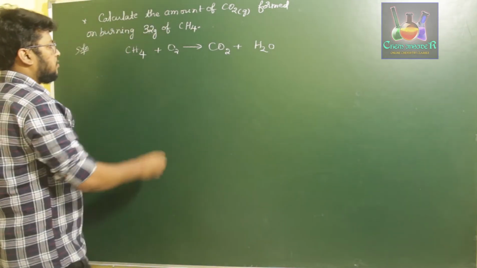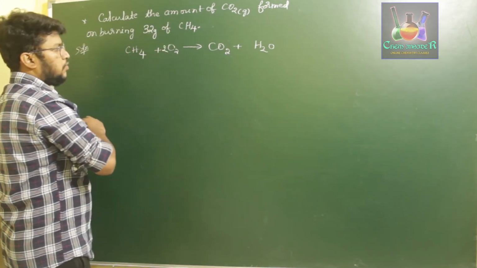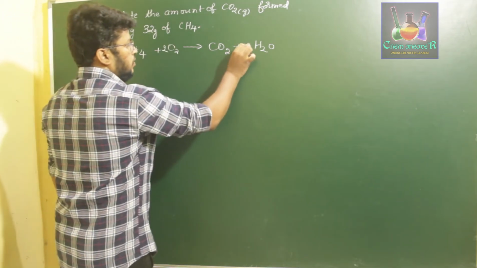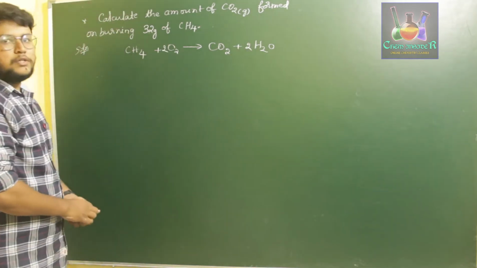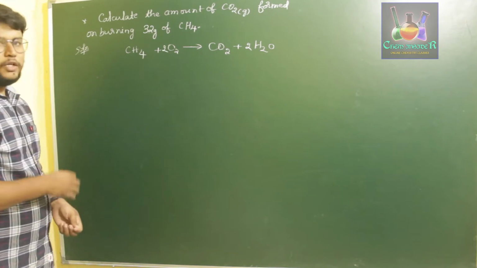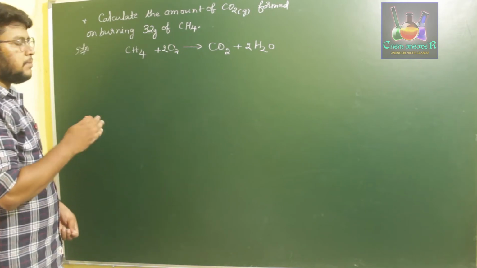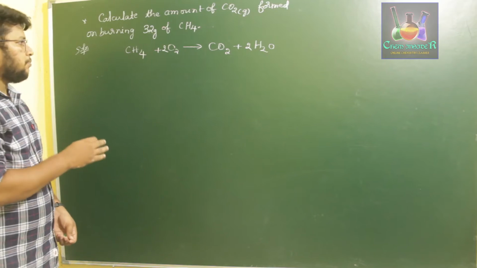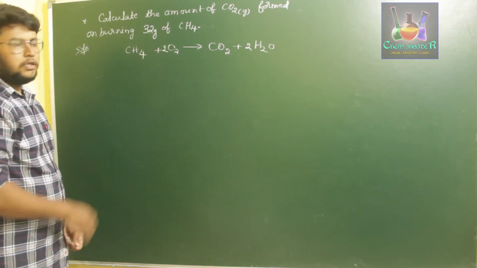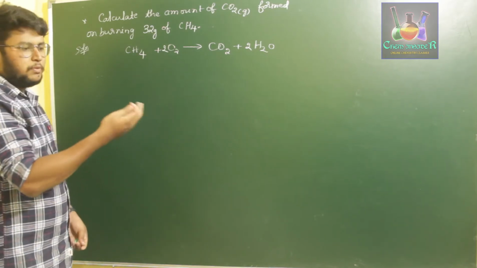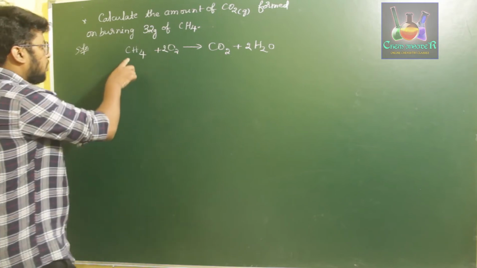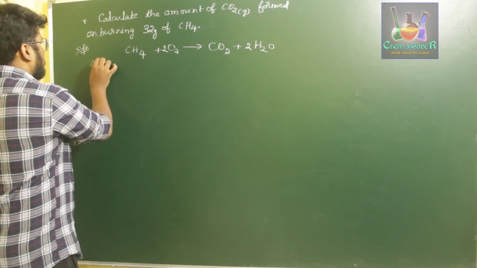So I'm balancing this equation, that gives us CH4 plus 2O2 gives CO2 plus 2H2O. Now, instead of directly solving the problem, first we are going to check the mass of each of the molecules or compounds, that is, the mass of the reactants and the mass of the products.